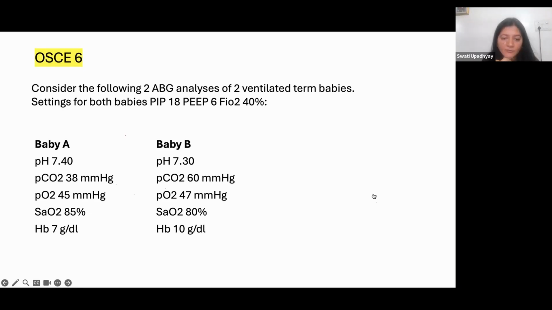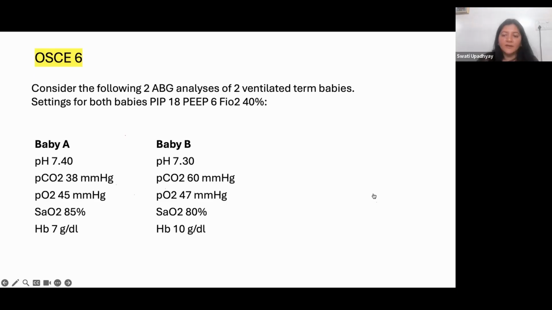Okay, so somebody has written the formula. Baby B. Any more answers? B, then A. A is more hypoxemic. Okay, so let us discuss this.